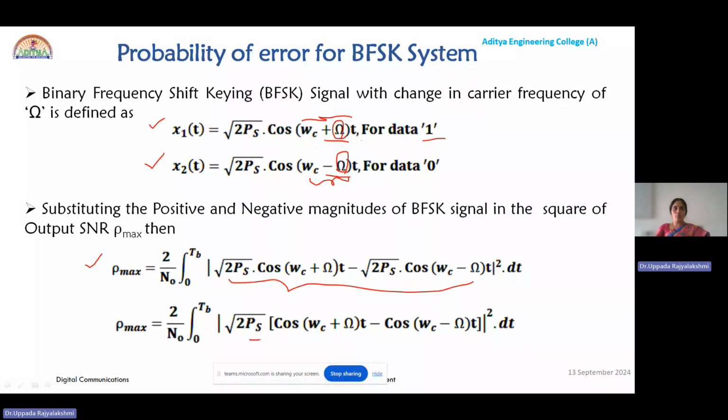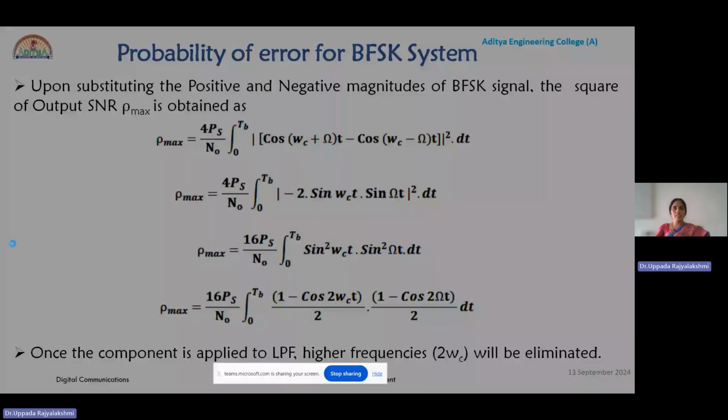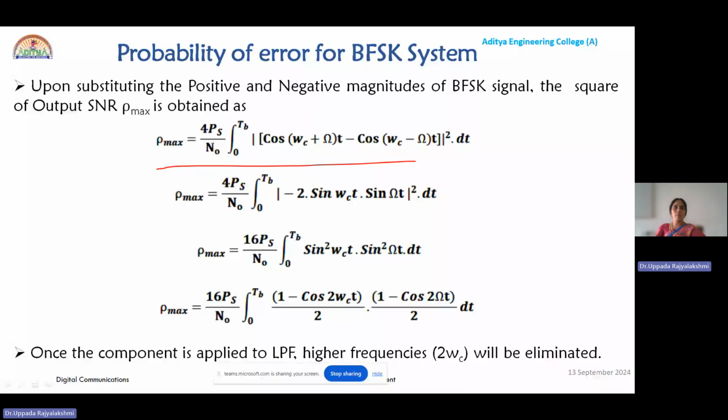Let us take root 2 Ps as common and simplify. So rho max can be expressed as 4 Ps by N0 times the integral from 0 to Tb of cos(a plus b) minus cos(a minus b). This can be expressed as minus 2 sin a sin b, where a is omega c and b is capital omega.